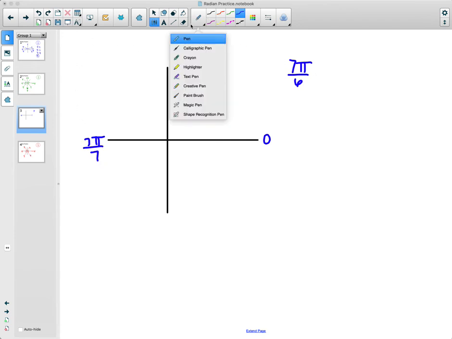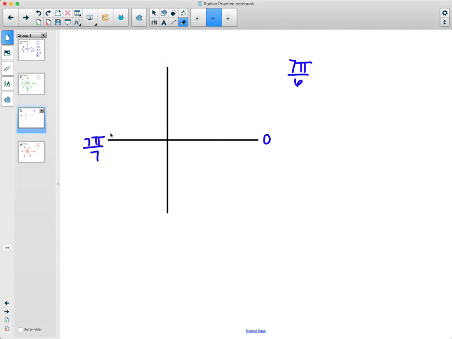It's also 7 pi over 7, but that's not helpful since this denominator is sixths. Okay, so 6 pi over 6 I would think of this as, because then I'm at 7 pi over 6, which is 1 more, so it's 1 past that. Okay, so here's 7 pi over 6 all the way here when you're drawing it.